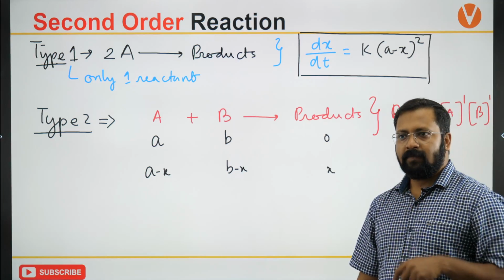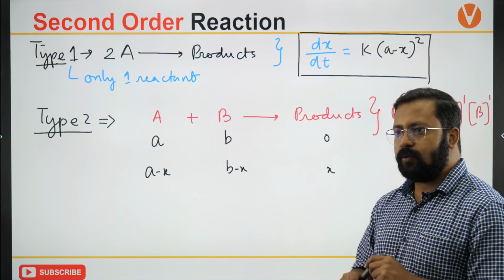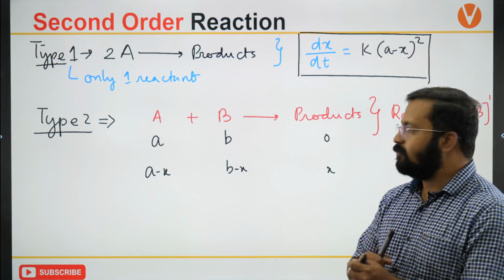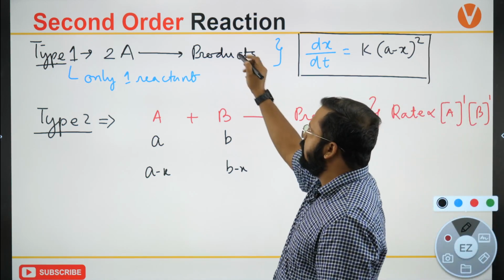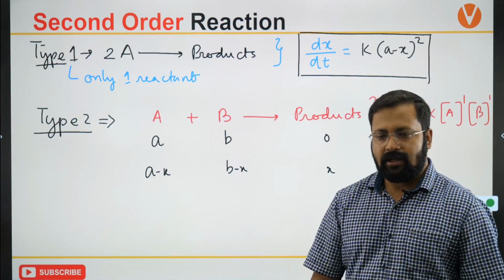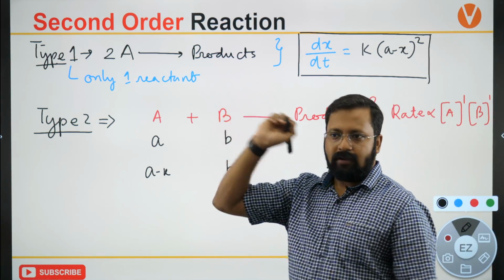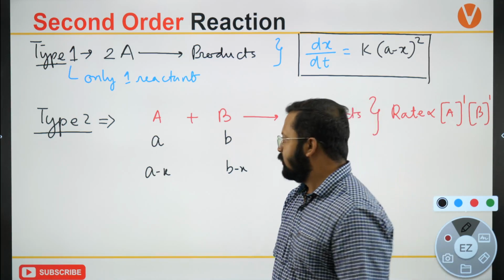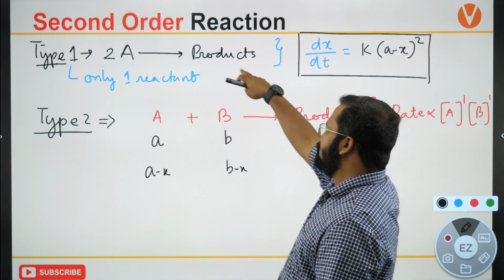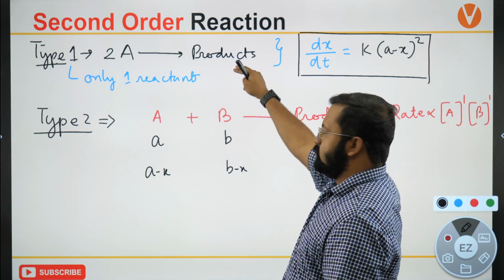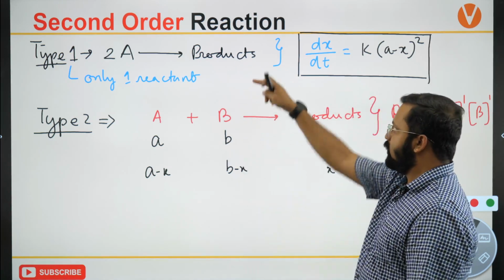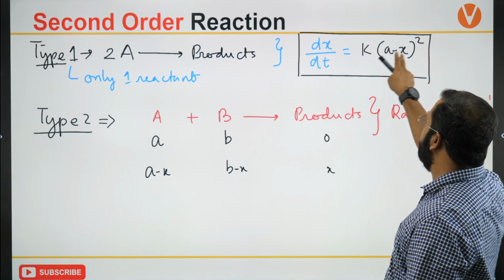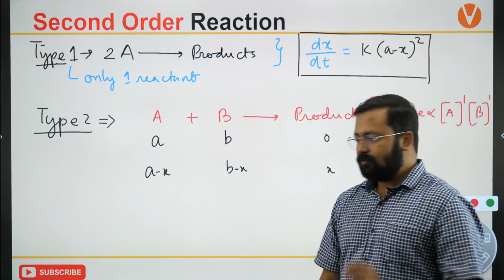Okay, will 1/2 be multiplied with dx by dt in the first equation? No, it will not, Pritam, because dx by dt tells us the change in concentration of products. So product initially is 0 and it becomes x, so this becomes dx by dt is equal to k a minus x to the power 2.